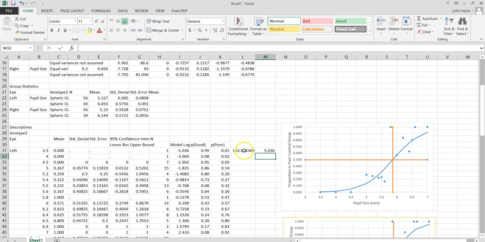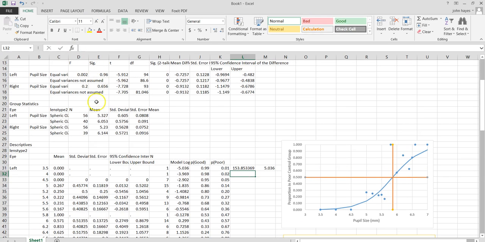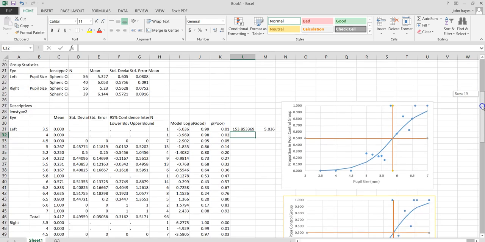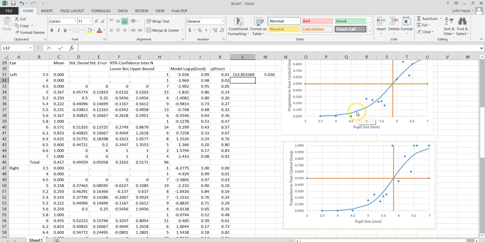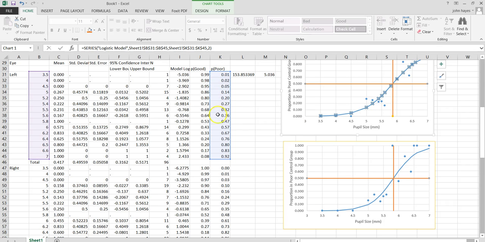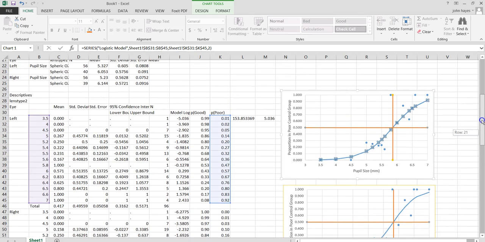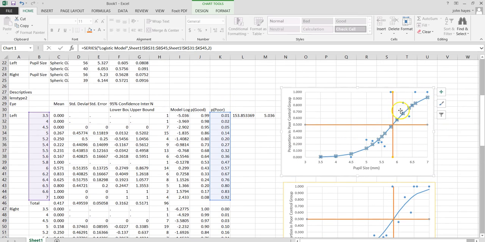Well, maybe if I had done it the other way around, I would have come out better. But in any event, that's how this all works. And so we calculate the logit and the probability of poor. We do it for both eyes, and then our line is that.